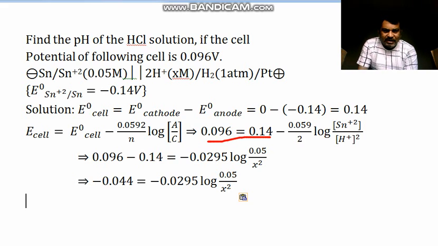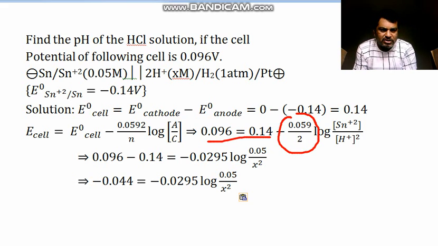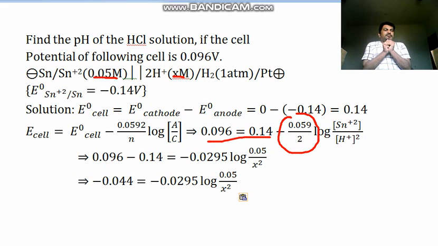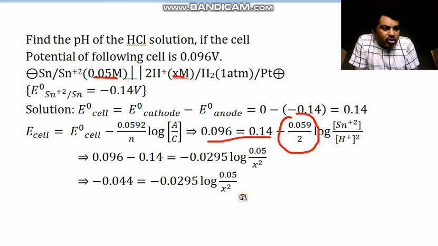You can check that, and here also I have done 0.059 by 2, that value is 0.0295, and log in place of Sn plus 2 I have written 0.05, and x square in place of H plus I have written x, and that will remain as it is. So now 0.096 minus 0.14 is equal to 0 minus 0.0295 log 0.05 upon x square.